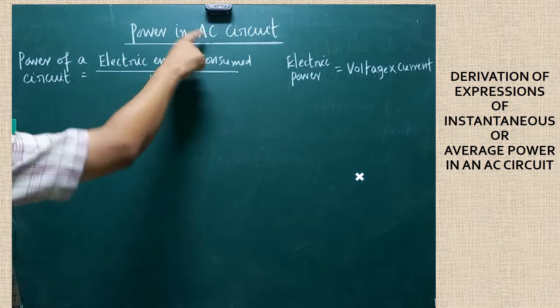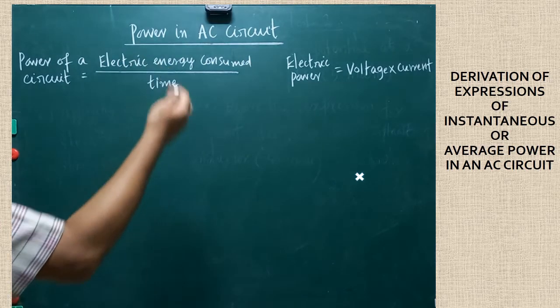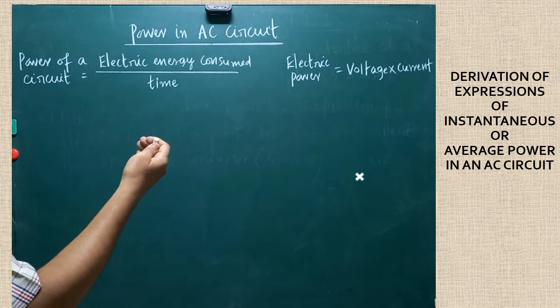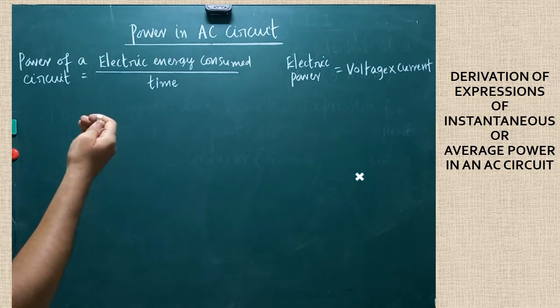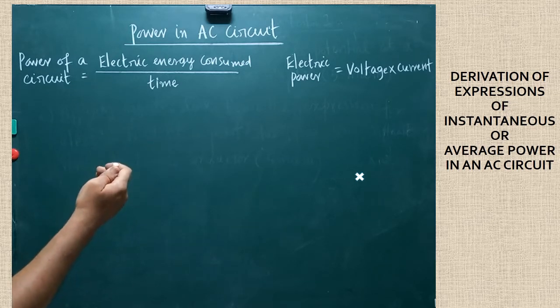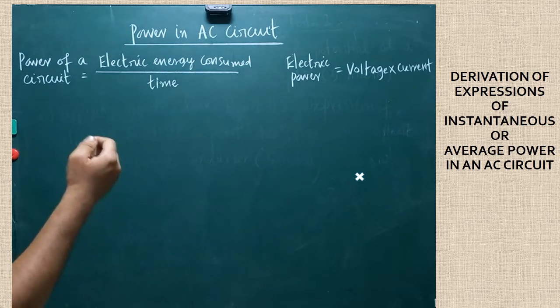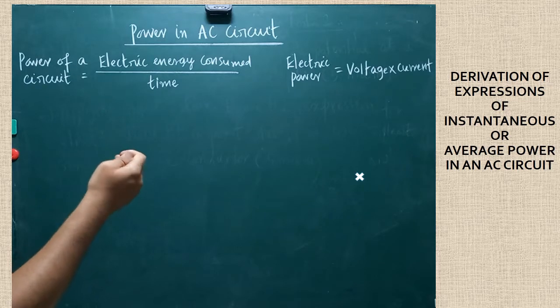But we are going to calculate the power in the case of AC circuit. What is the nature of the AC? In the case of alternating current, the alternating EMF, that is voltage, is varying sinusoidally. So the instantaneous value changes from time to time.